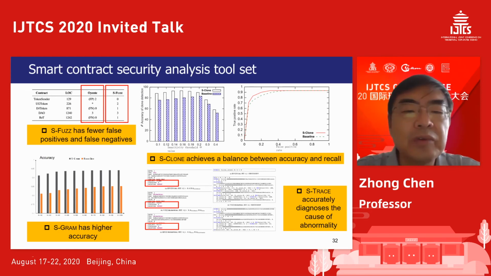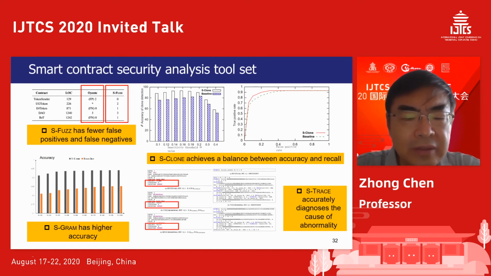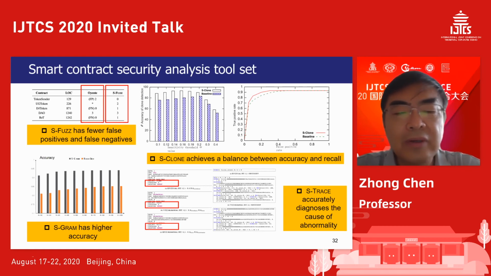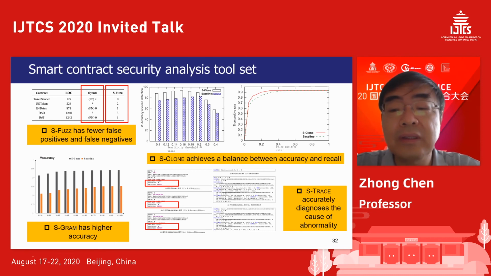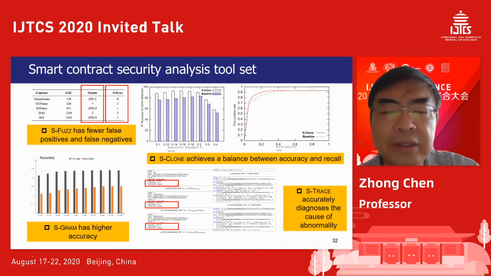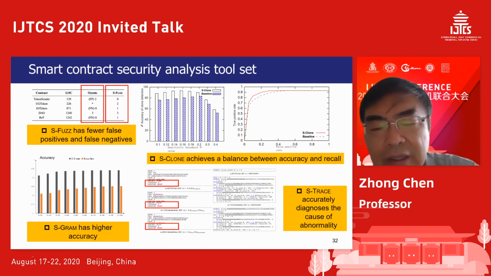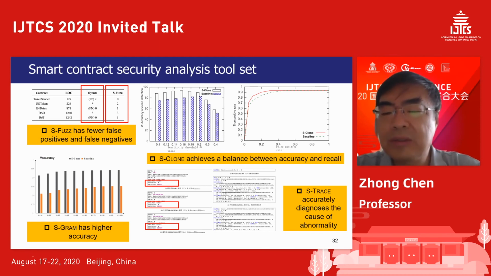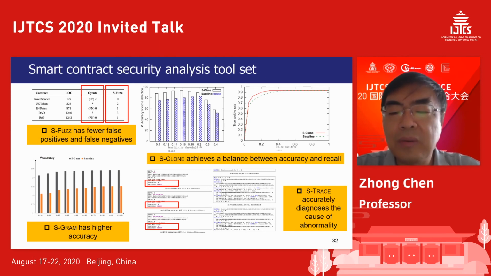They have fewer false positive and false negative results for the S-fast, even higher accuracy for the S-gram, and achieve some balance between accuracy and recall for the S-clone in vulnerability detection, and also accurately diagnose the cause of abnormality.